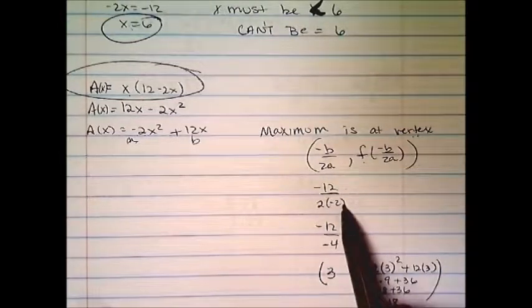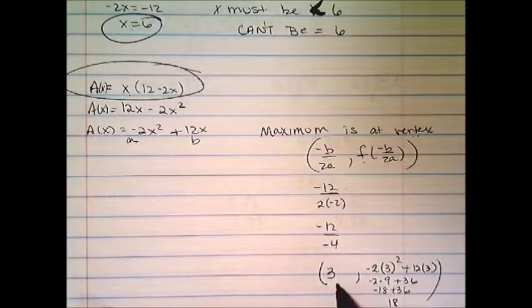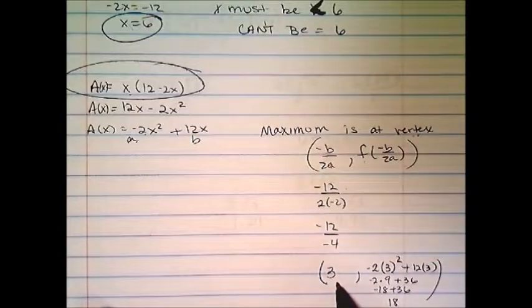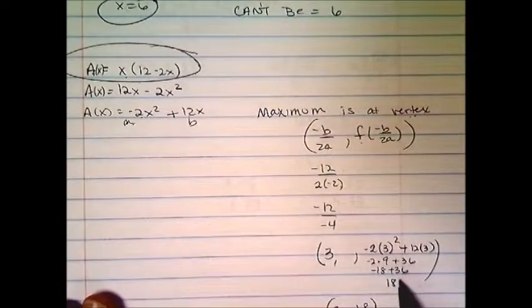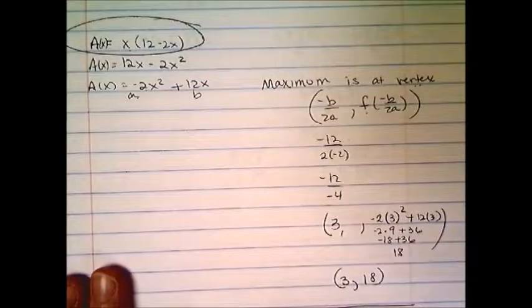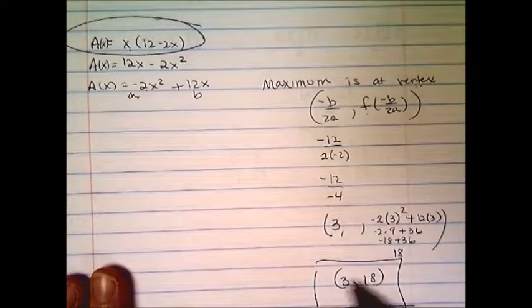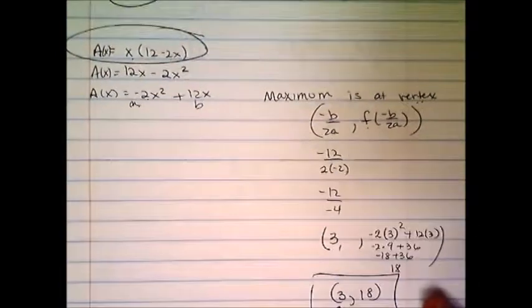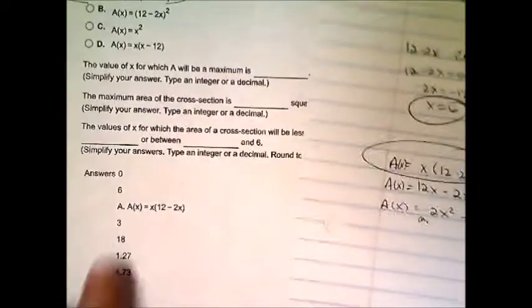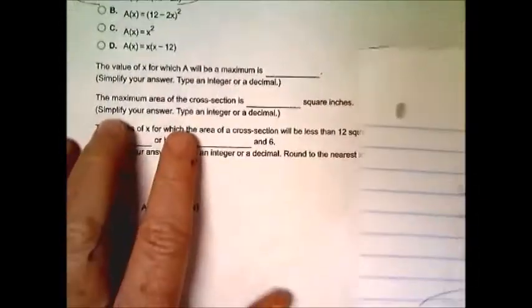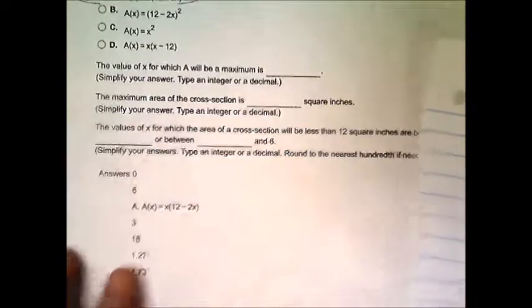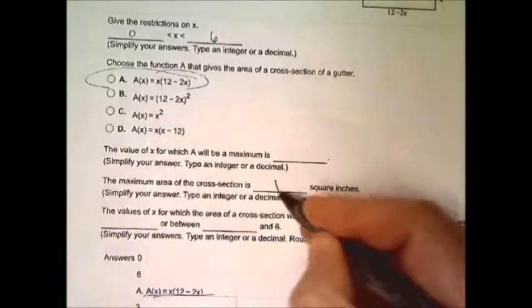Negative 12 over 2 times negative 2 gives me 3. Then I plug 3 into the area function, and I get 18. So the maximum is going to occur when x is 3. And the way they want you to answer that is give them the x value. The maximum area of the cross-section is 18. That's the f of x part.